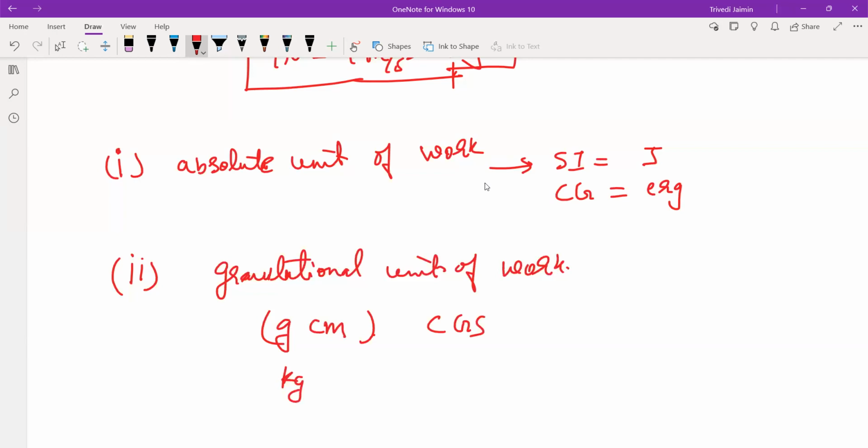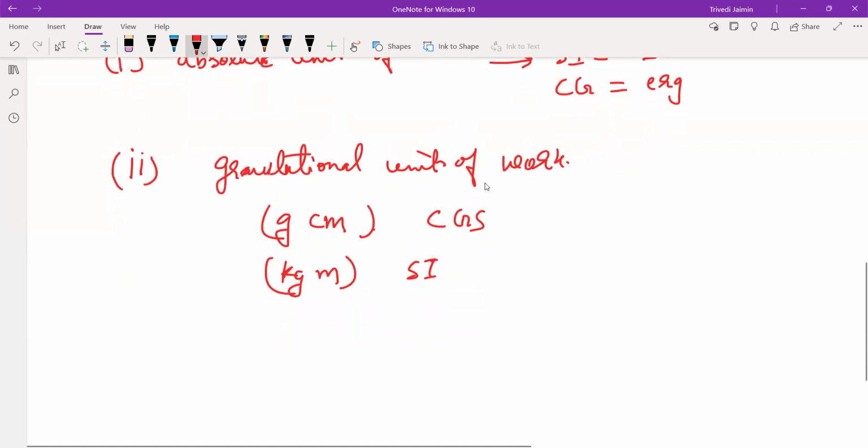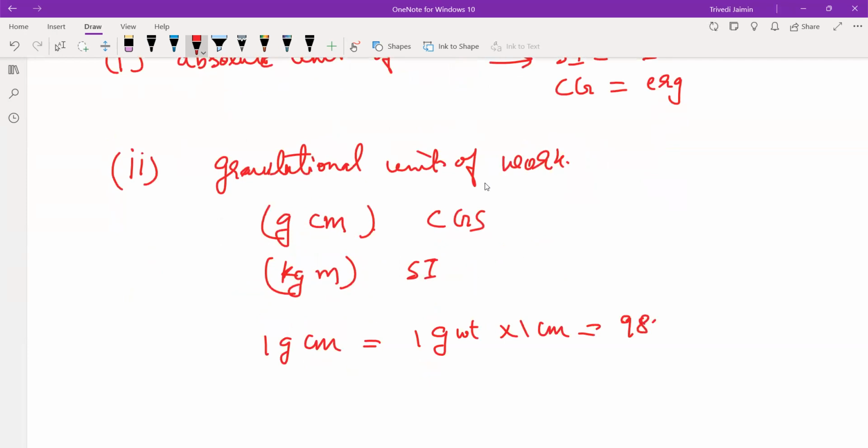And kilogram meter, that is SI. So how did we get this? 1 gram centimeter, we can say 1 gram weight into 1 centimeter, which is 980 times into 1 centimeter, which is 980 erg.